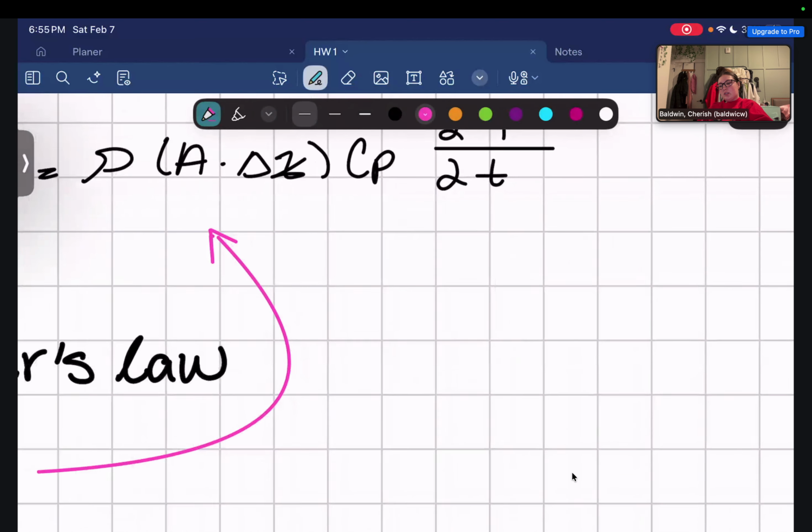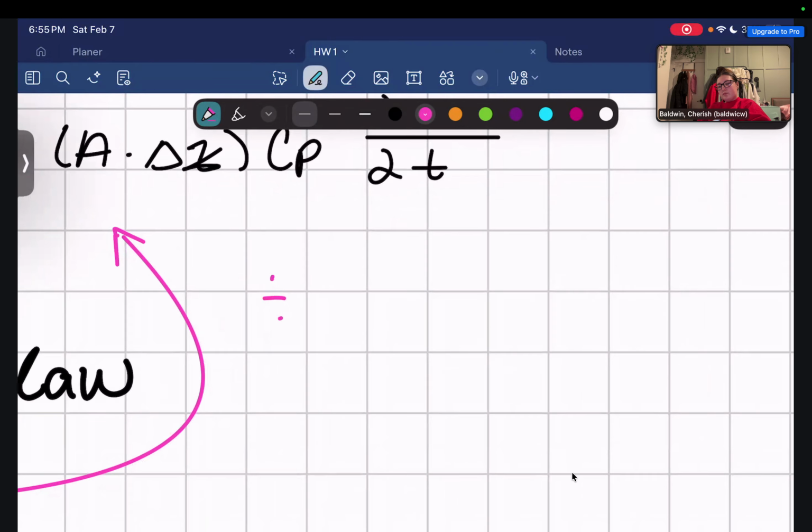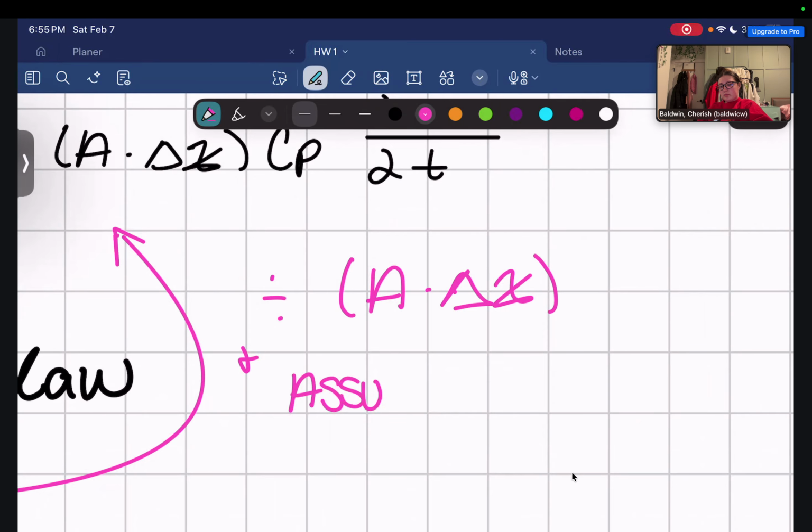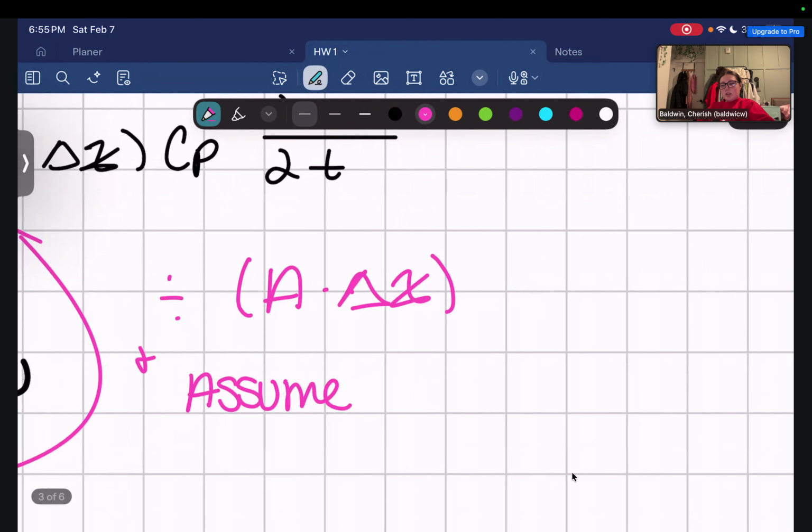and divide out the cross-sectional area times thickness, and we also assume delta t and delta x approach 0.